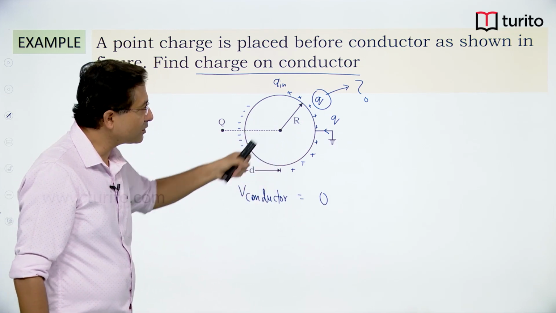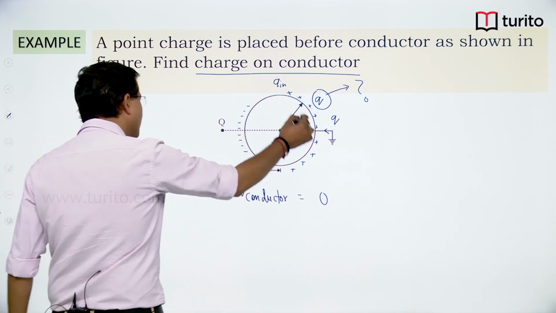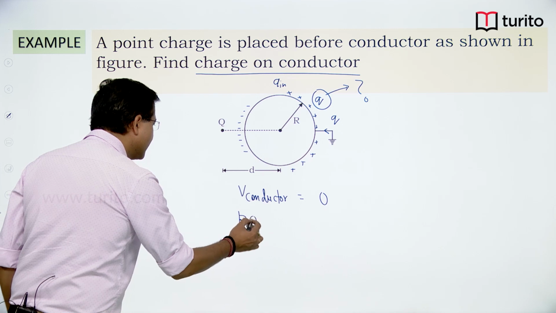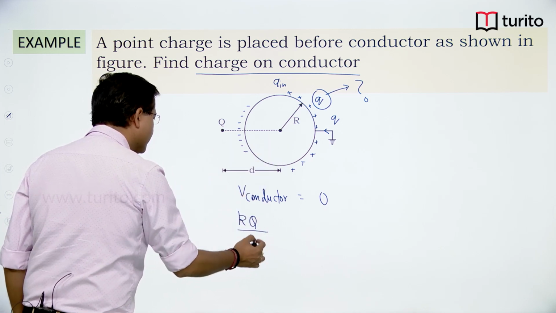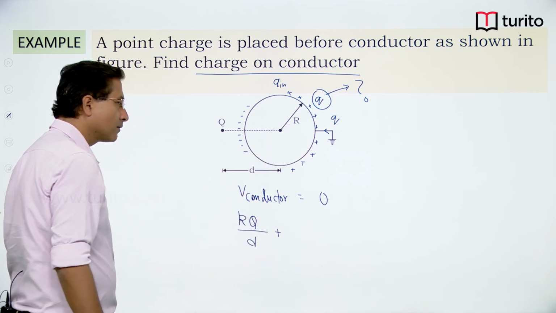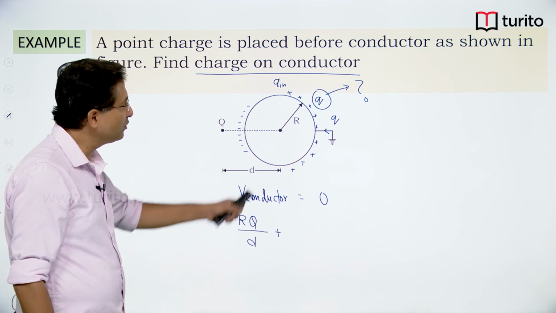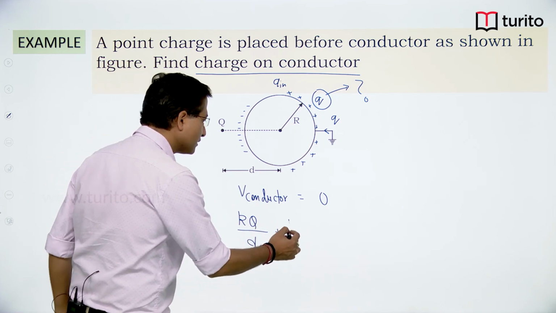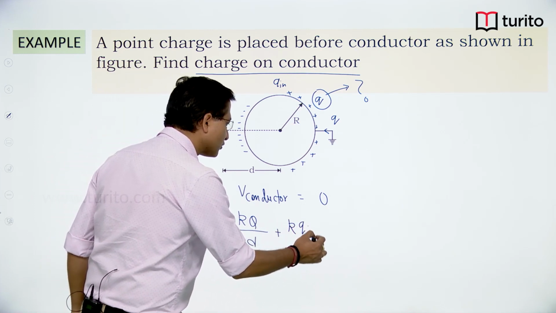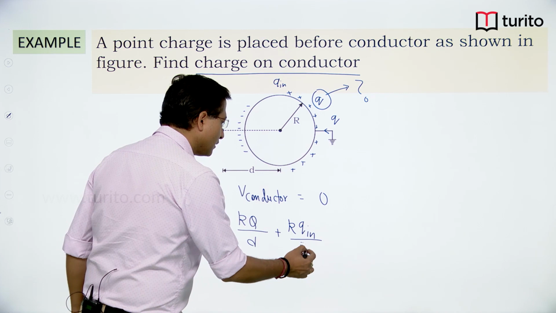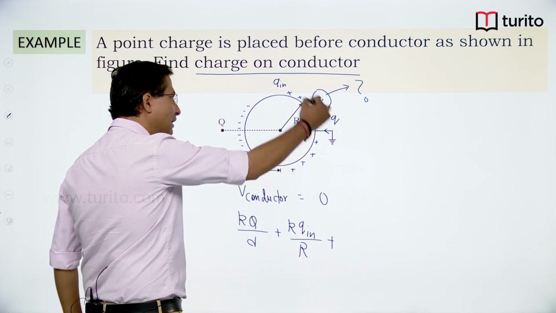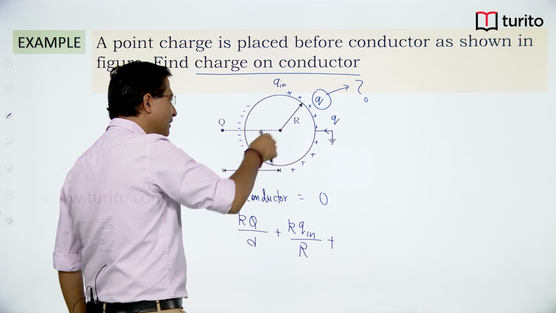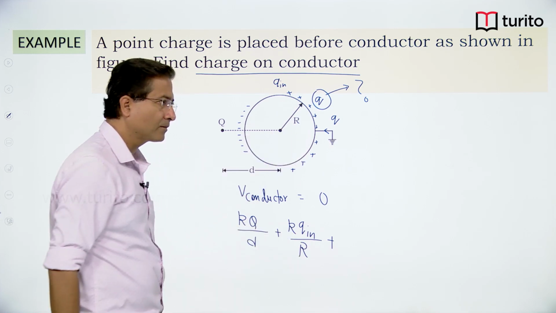So let us take this point. So every point will have 0 potential, this point will also have potential 0. I can write potential there kq divided by d plus potential due to induced charge, whatever charge got induced, because of that what will be the potential at center. So every element is at same distance, directly divide by r, I can write potential.